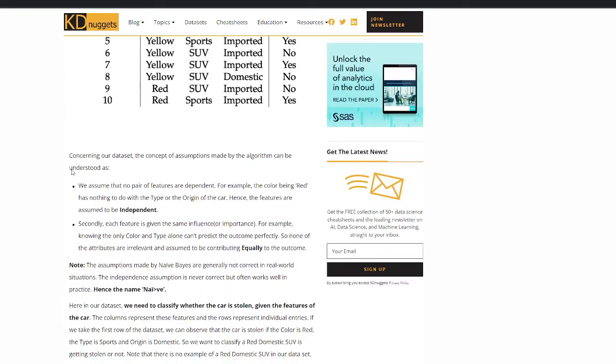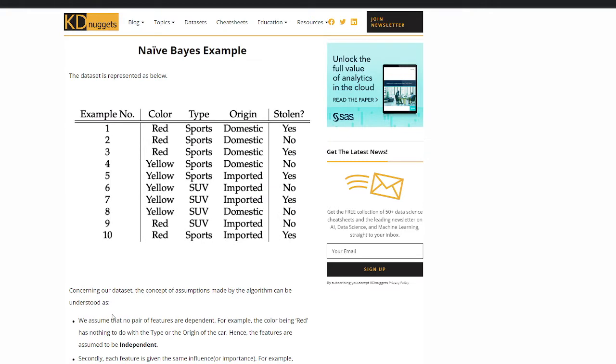Let's understand this. We assume that no pair of features are dependent. For example, the color being red has nothing to do with the type or origin. That means the color can be red, and the red car can be a sport car or an SUV, it doesn't matter. And the red car can be imported or domestic, it doesn't matter, right? So that means independent. Each column, each feature, is independent. That's assumption one.